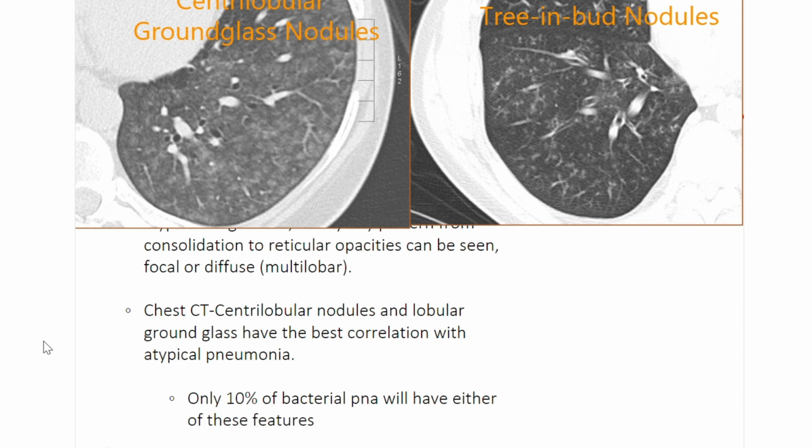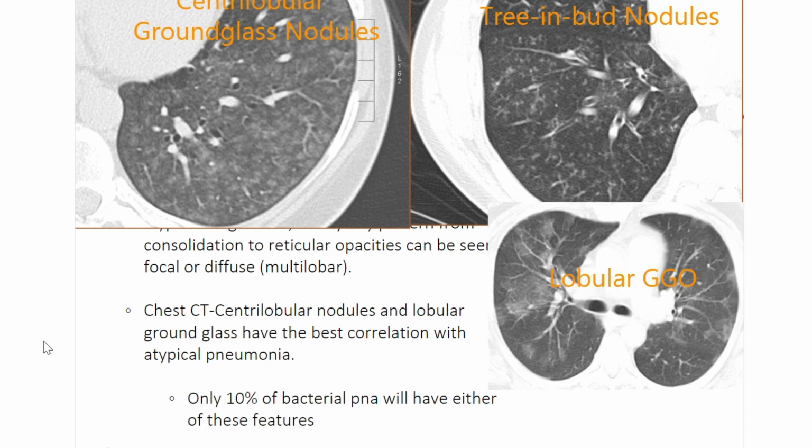Is it going to be a virus such as RSV? Is it going to be endobronchial tuberculosis? Is it going to be MAI, all right? So you can see that the bronchiole does have some overlap in terms of the differential of when it's irritated, but if you see centrilobular ground glass nodules, you're supposed to think about bird fancier's lung first, and if you see tree-in-bud nodules, you're supposed to think of maybe endobronchial tuberculosis or MAI.